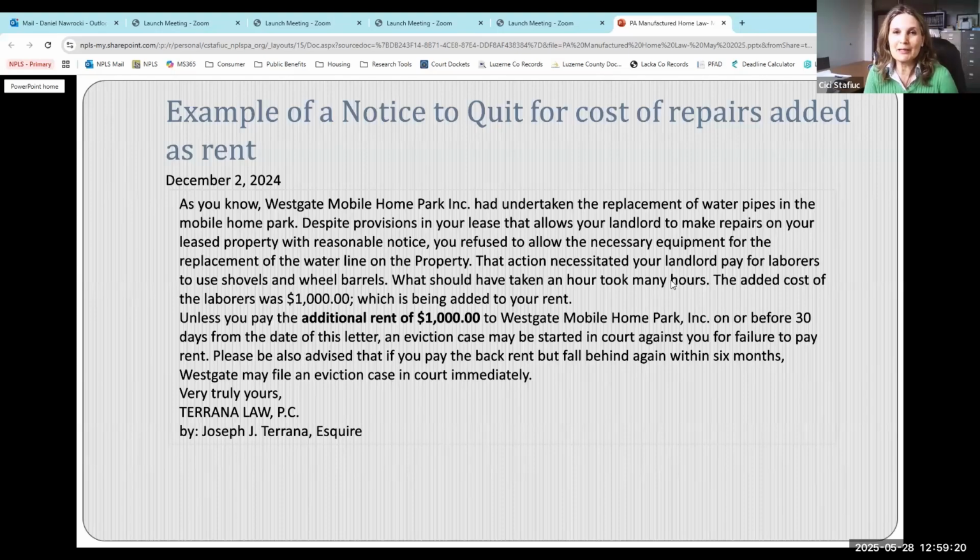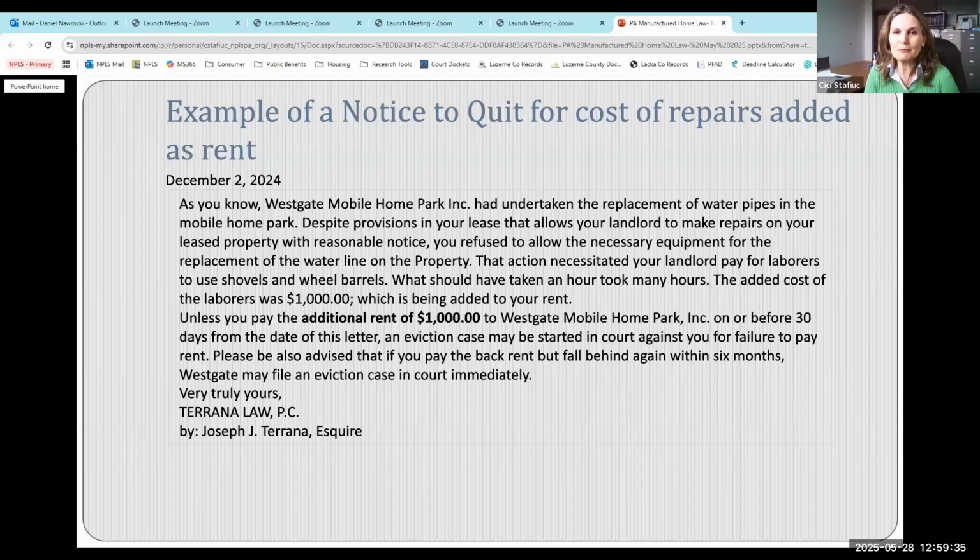This is a notice to quit that was provided to my client for cost of repairs, and it was added as rent. This is the letter that was provided, and you have the attorney right there on the bottom. It was served on December 2nd, 2024.